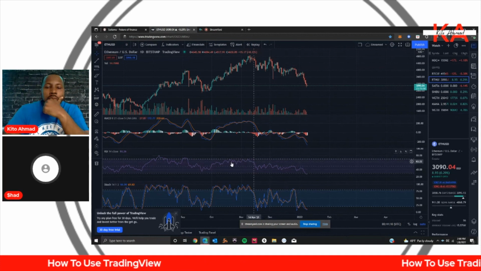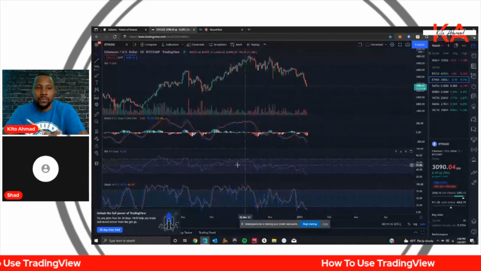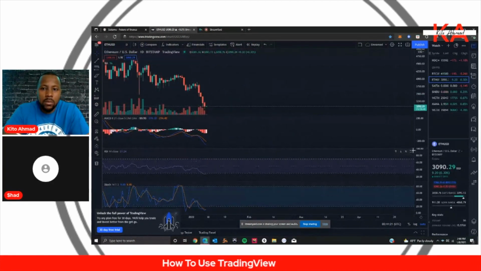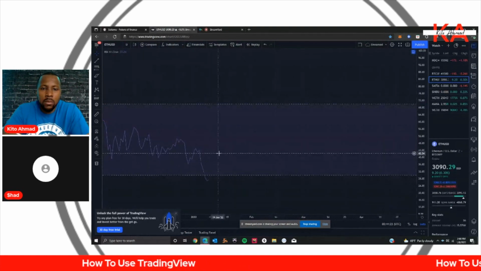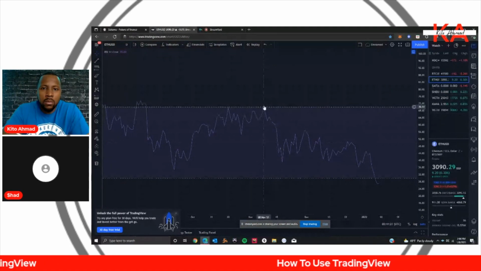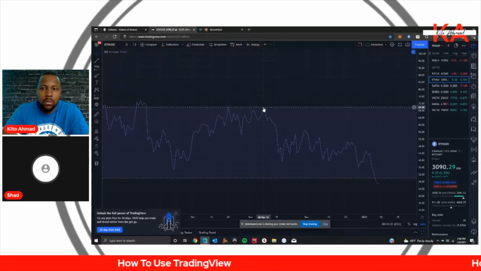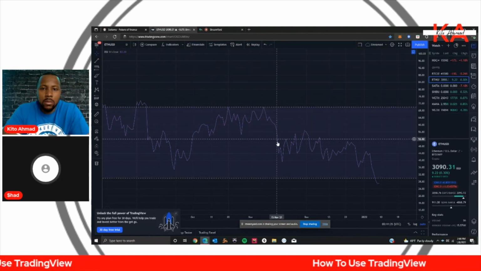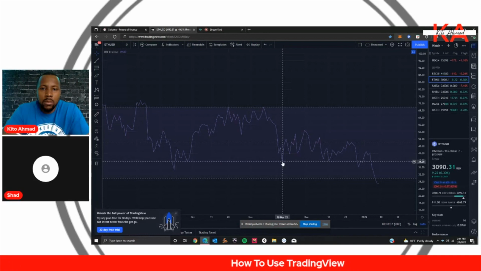So the way I was trained on this is, let's get this to a full screen. If you're looking at the RSI, you can see here we're right at 70. It may be overbought in this range. And slowly but surely, you can see that the price went down.